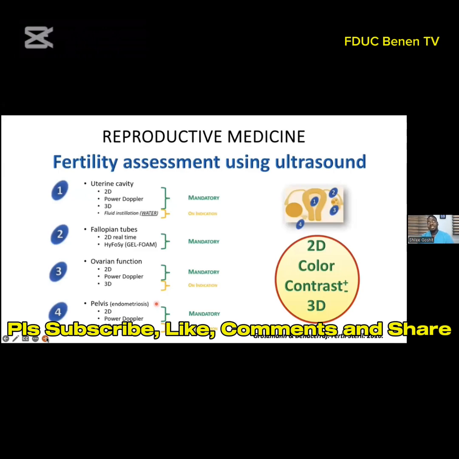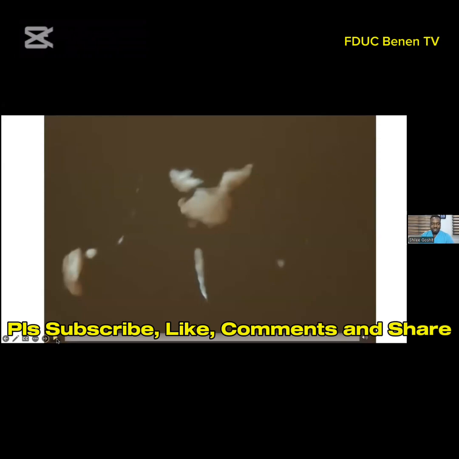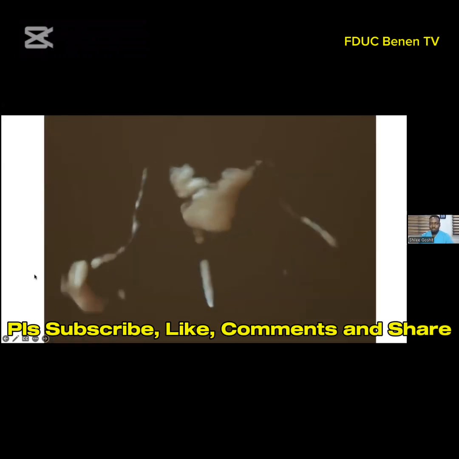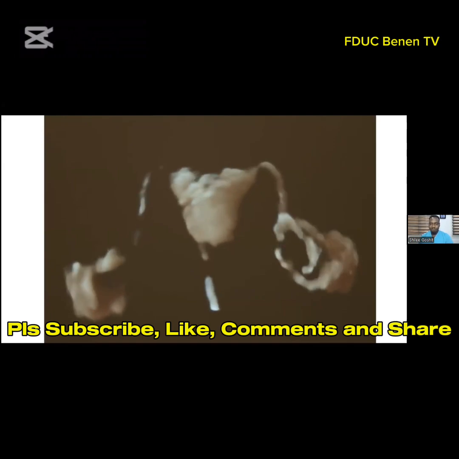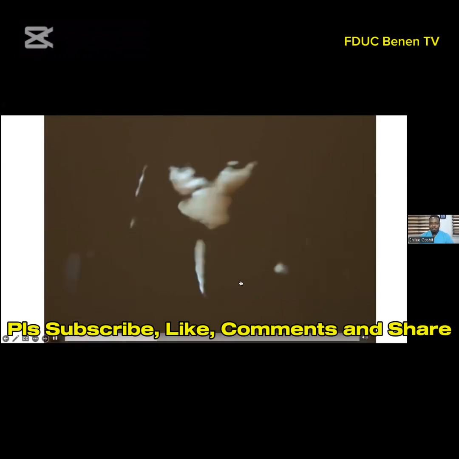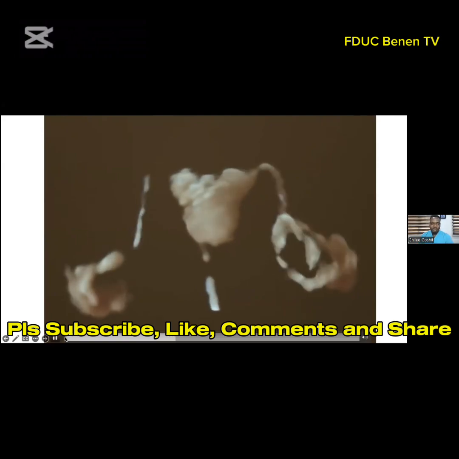I think in the last week I did 3 sono HSGs, and you can use either gel or water. This is using gel sonography. And this is a beautiful image, not my image, but this is how sometimes you can see the tubes out.